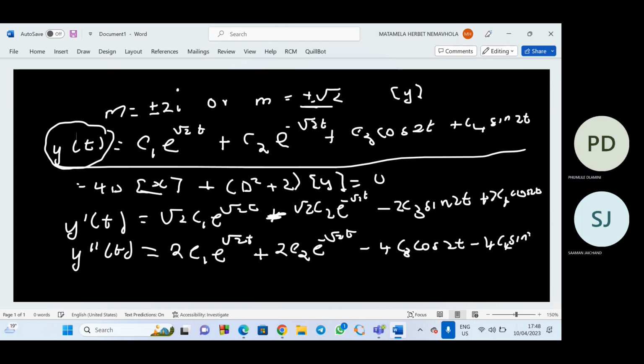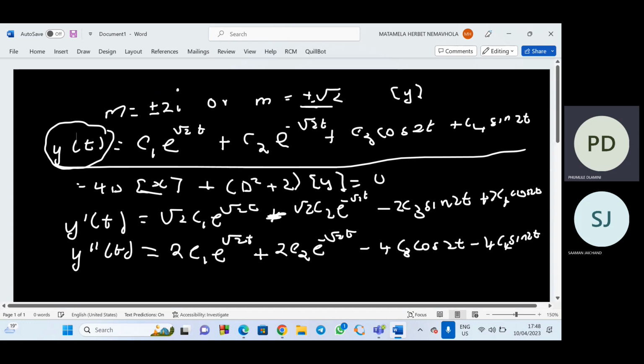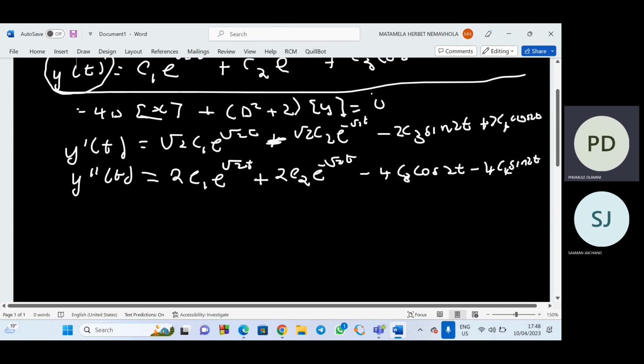So now when we substitute back into the equation that we have to substitute, everything you are going to use here is for d squared. We just differentiated this, and you are going to add this.